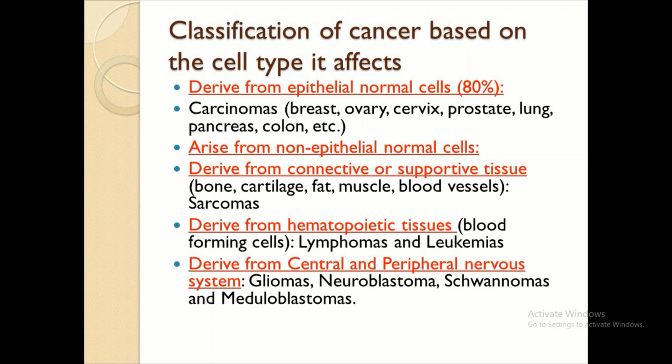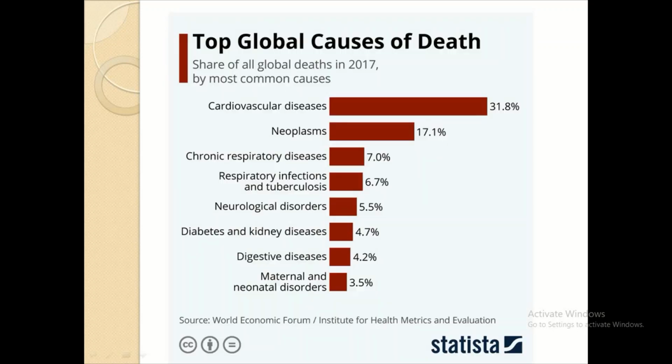Bone, cartilage, muscle, blood vessels, they are all called sarcomas. The cancers that derive from hematopoietic tissues are called lymphomas and leukemias. So there are 2 types of cancer that derive from hematopoietic origin. And then the gliomas, neuroblastomas, schwannomas.